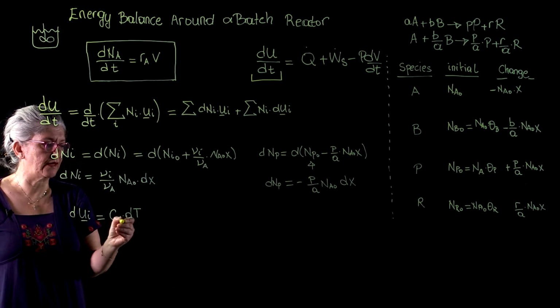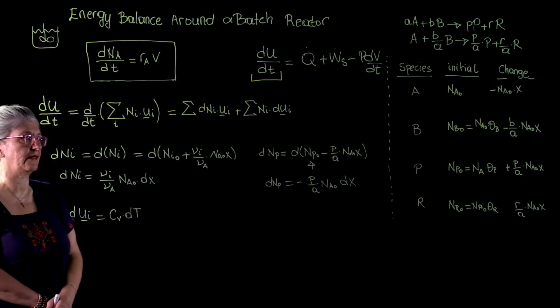This is the constant volume heat capacity, and T is the temperature in absolute scale.